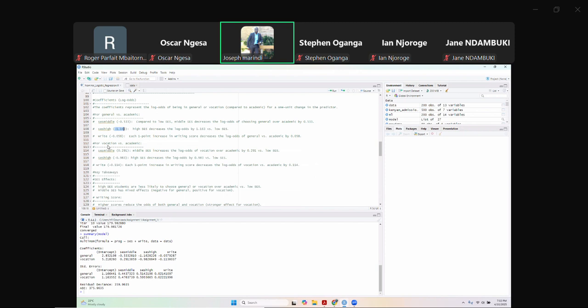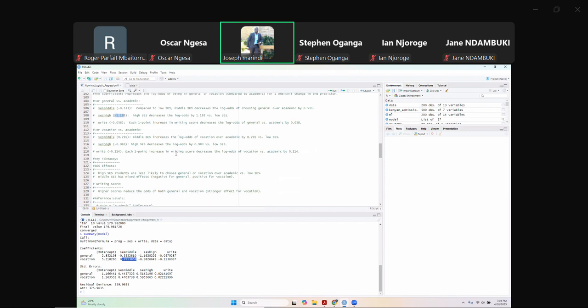Also, you can see for vocational versus academic, the socioeconomic status for the middle class gives us a figure of 0.291. This basically means that the high socioeconomic status decreases the log odds by 1.163 versus the low socioeconomic status. Basically, this is what you are seeing here.